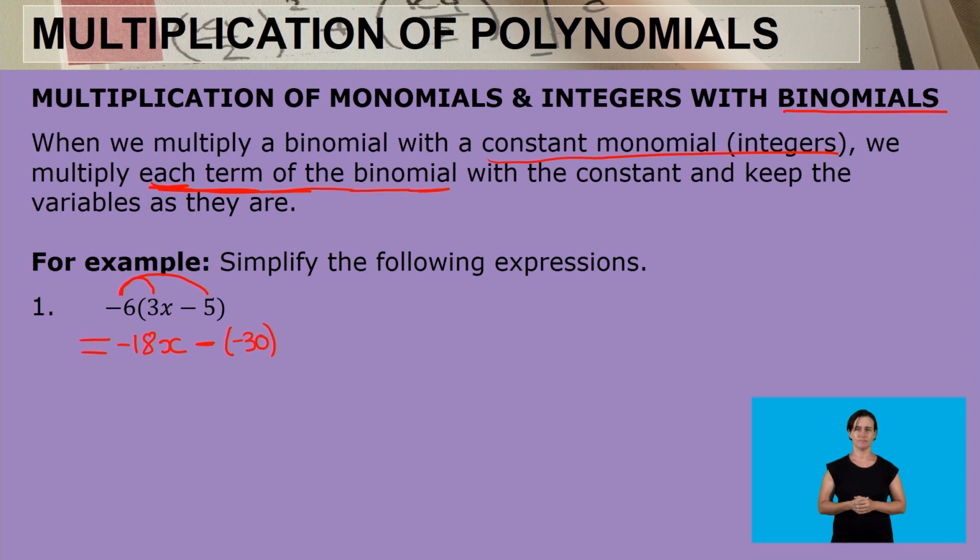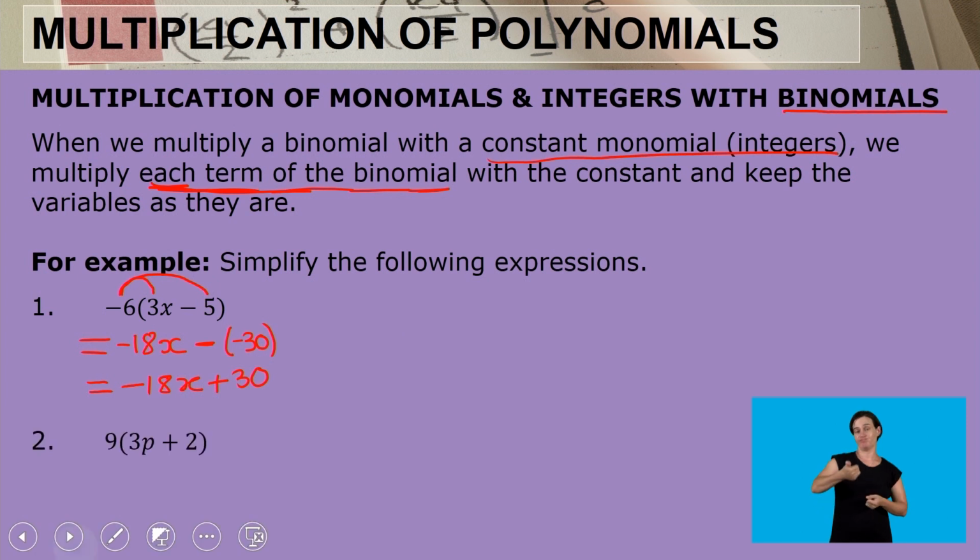Now we have an answer of a negative 18x minus a negative 30. Remember, subtracting a negative number is the same as adding its additive inverse. So that is going to be a negative 18x plus 30, and that is going to be our final answer there. Let's look at this second example.